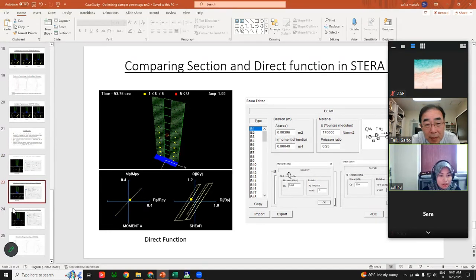So we have MR and QR. This one is where the shear force is at the middle, the metallic damper at the middle.